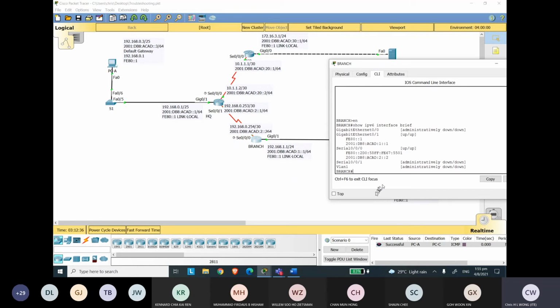What about the serial interface? The serial interface here is 2001:DB8:ACAD:2::2/64, right? Oh, there's something wrong here now, I think. S0/0/0 is 2001:DB8:ACAD:2::2/64. Okay, there's something wrong here.